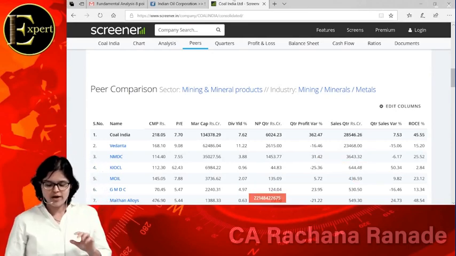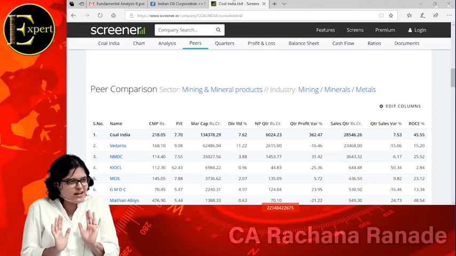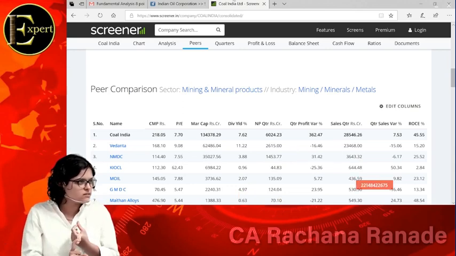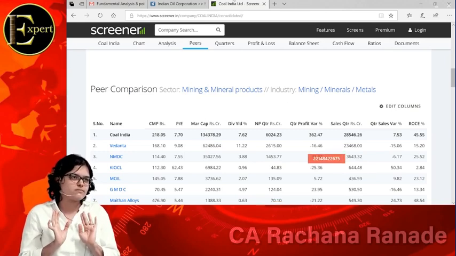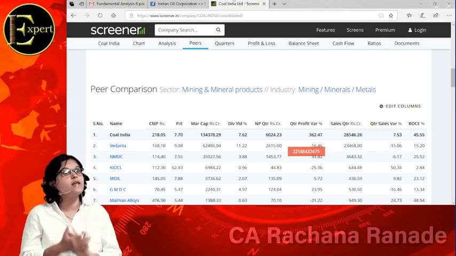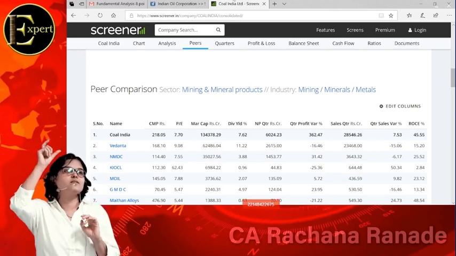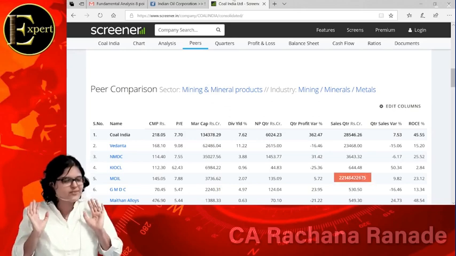So those who want a safer bet, I want to invest in the stock market, but slowly, steadily, I don't want to take that much risk, try to go for government companies which are good profit making and whose dividend yield is high. I'm telling you, you will not get very good returns, but you are compromising those returns for a little bit of safety. Assured dividend.